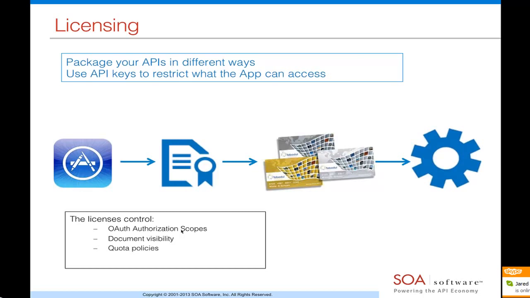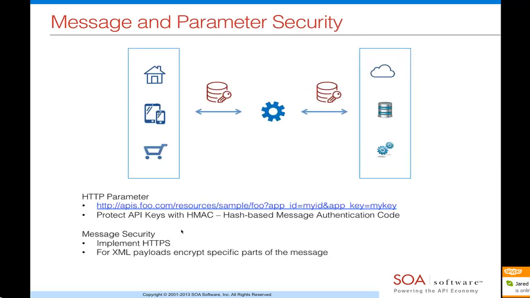So that's licensing. The next one is how do you secure the data that's flowing between the API client and the API backend. So that's message security. And in case of API, that could also mean HTTP parameter security. One of the things that comes to mind with HTTP parameter security is API key.